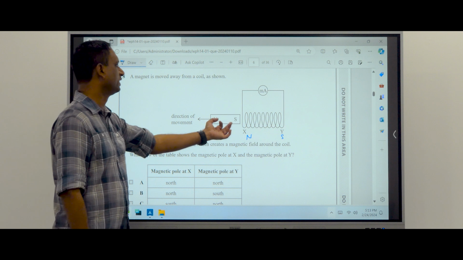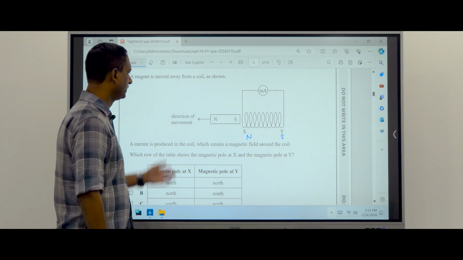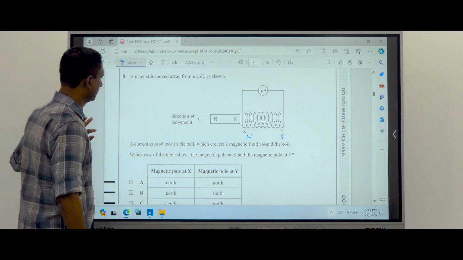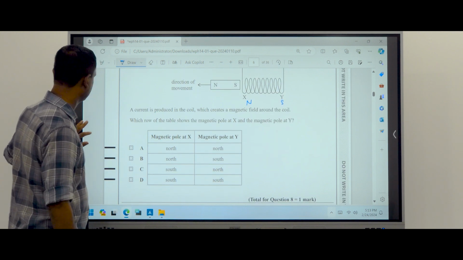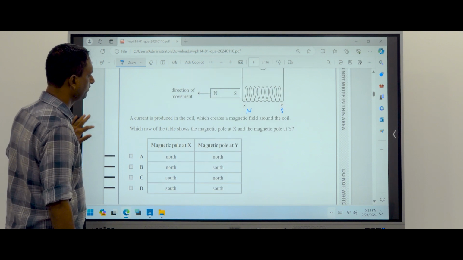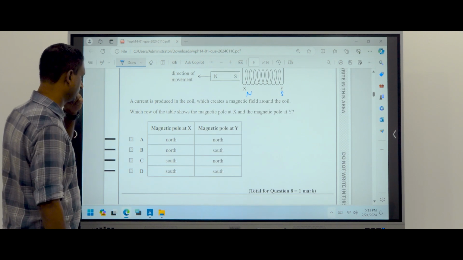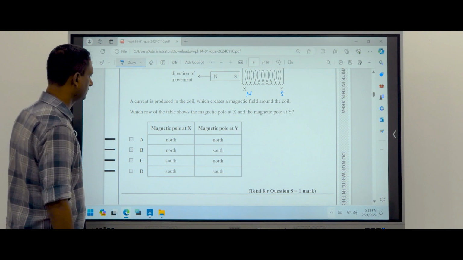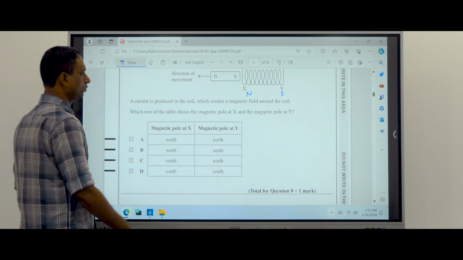When the S pole is moving away, an N pole is formed. When the S pole is moving towards, an S pole is formed to repel it. Always opposite to the work done by the magnet to form the current. Then X is north, Y is south.